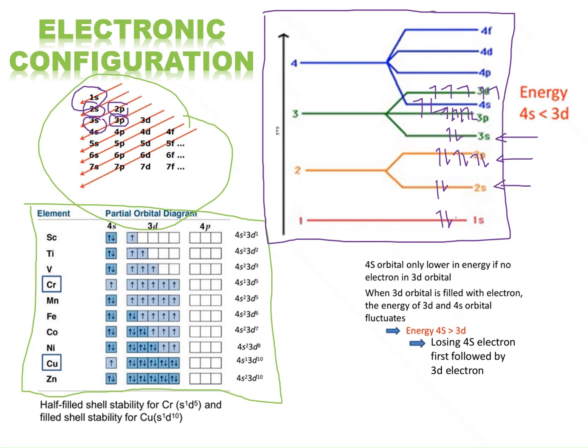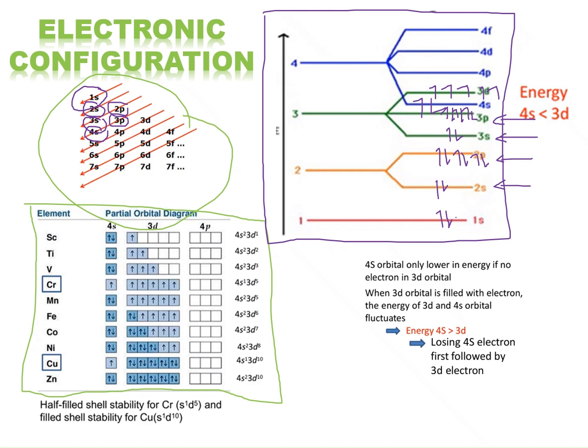After 3s is 3p, and then 4s. That is how the Aufbau diagram is generated. The diagonal arrow indicates the position of the energy level of every sub-level.